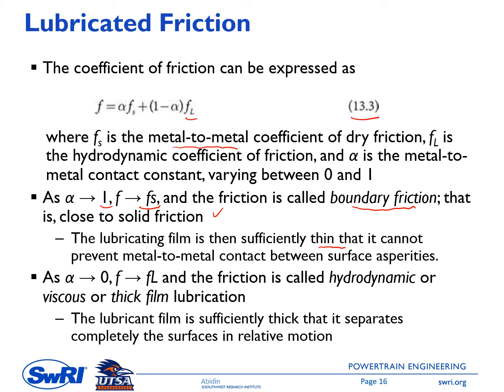And as alpha gets close to 0, then F will be close to Fl, and the friction is called hydrodynamic or viscous or thick film lubrication. In this case, the lubricant film is sufficiently thick that it completely separates the surfaces in relative motion.